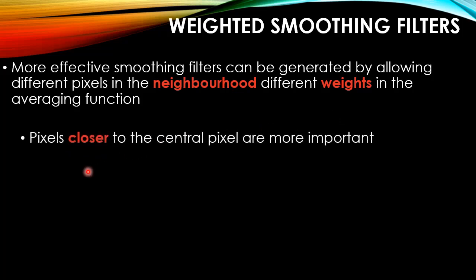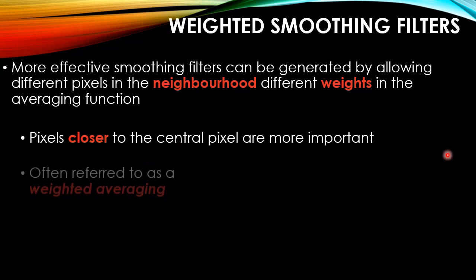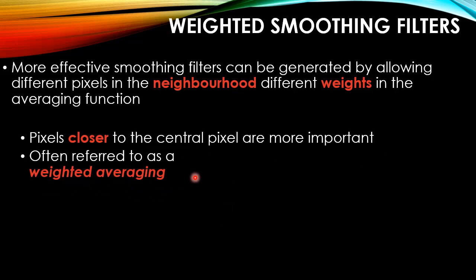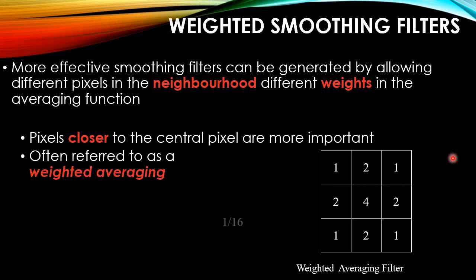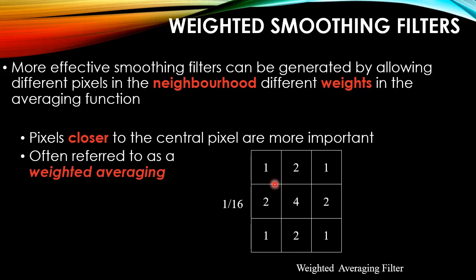So the idea is pixels closer to the central pixel are given more importance, meaning they are given more weightage, and this technique is often referred to as weighted averaging. This example we have already seen. In this setup for the averaging filter, the central pixel is given more weightage. It is given a value of 4, the diagonal element is given a value of 1, and the 4 neighbors are given a value of 2.